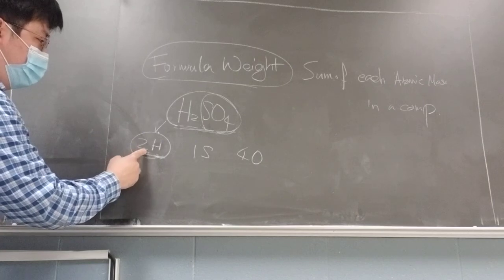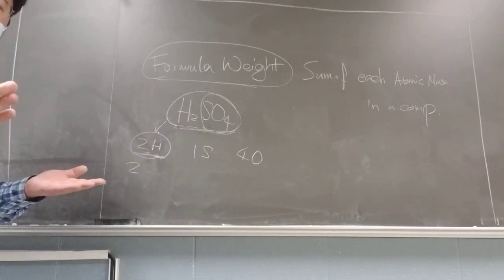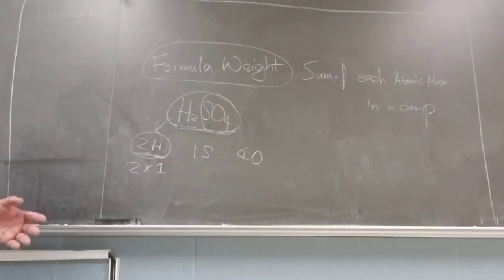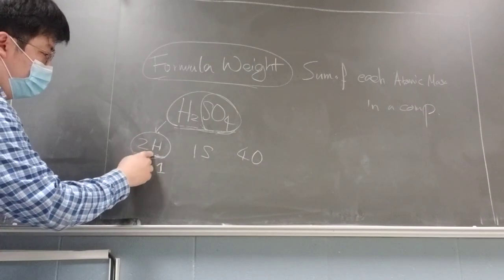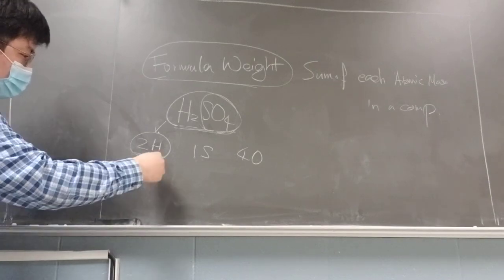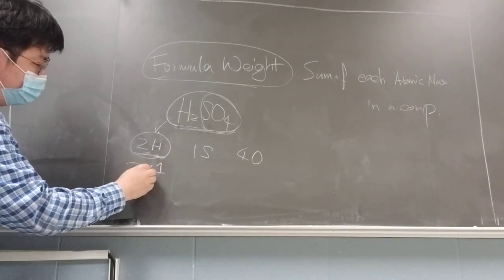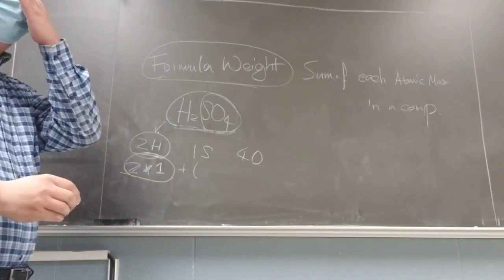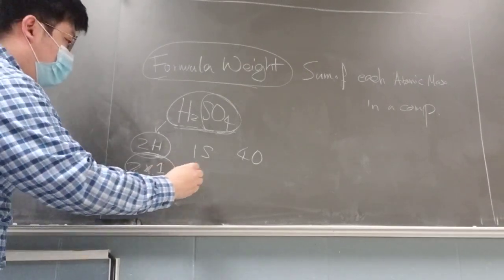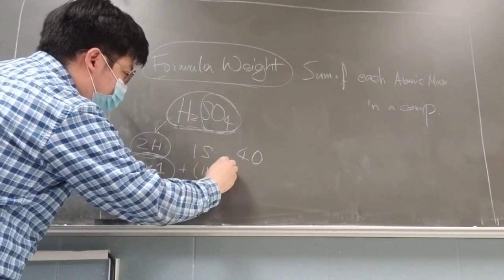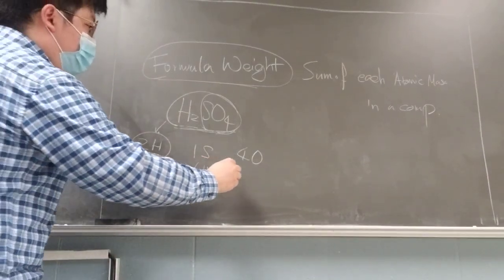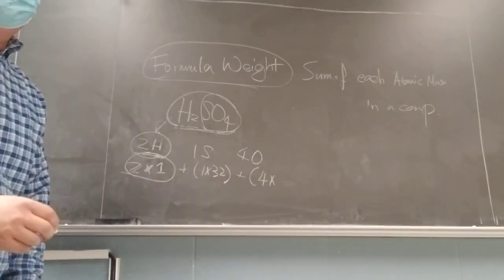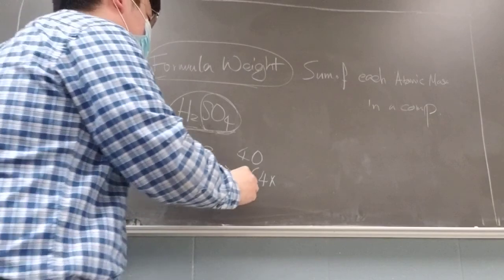So there's 2 hydrogen. I'll just make it an easy whole number, just to make the calculation easier. So this is about 1, right? 1 point something. So 2 times 1, okay, plus, I think sulfur is 32 something, so I'll just make it 32. So 1 times 32, okay? And then you have 4 oxygen. Oxygen is about 15.999 something, so just 16.